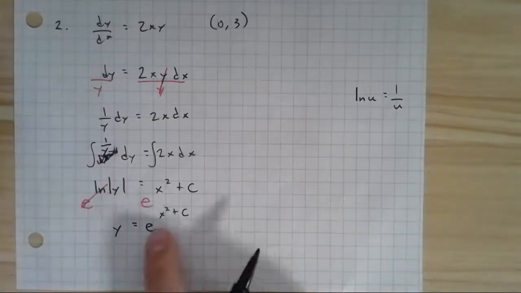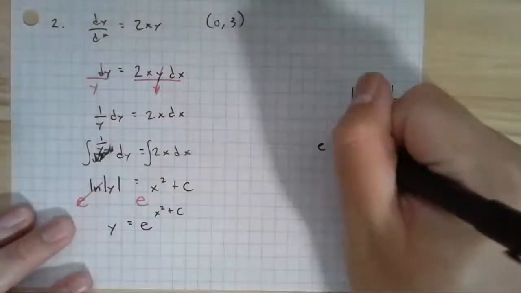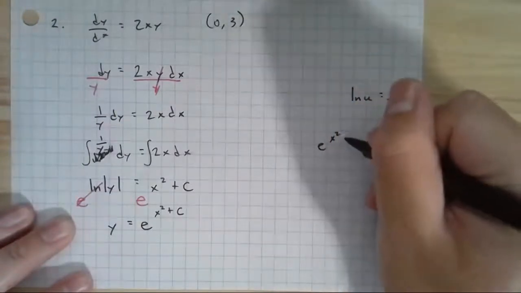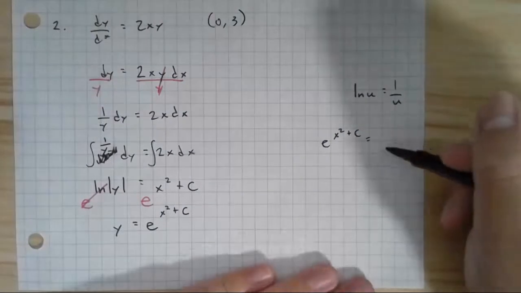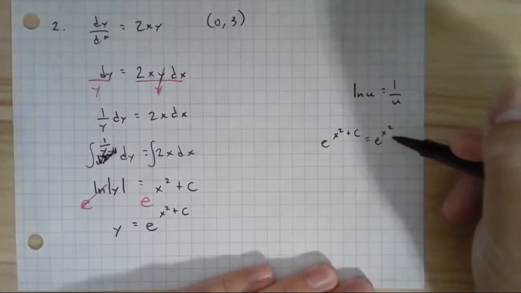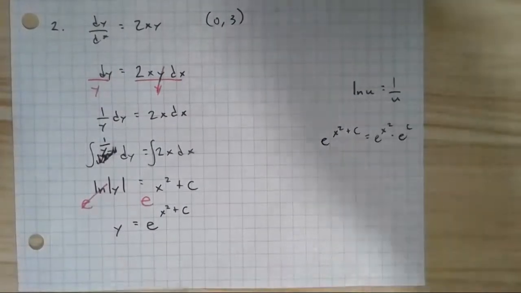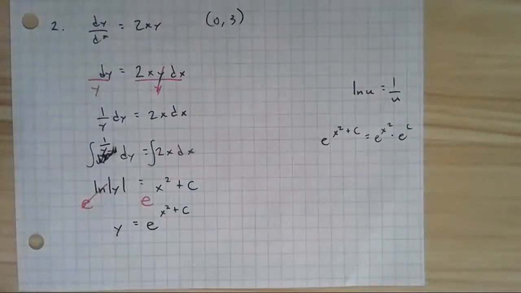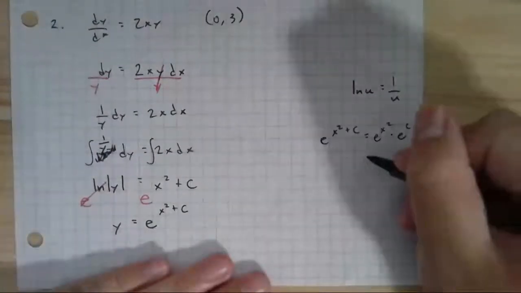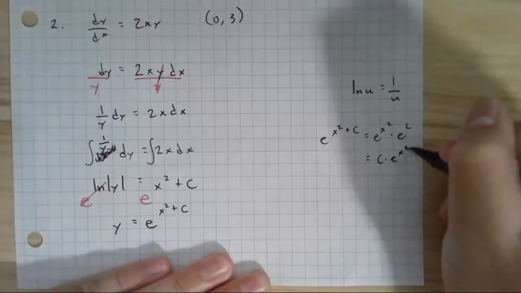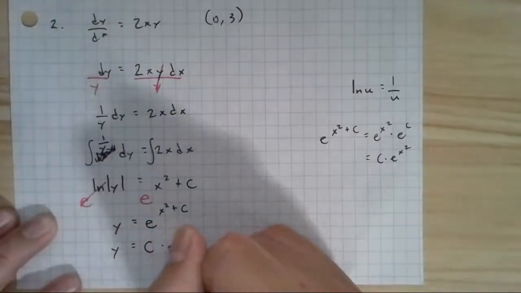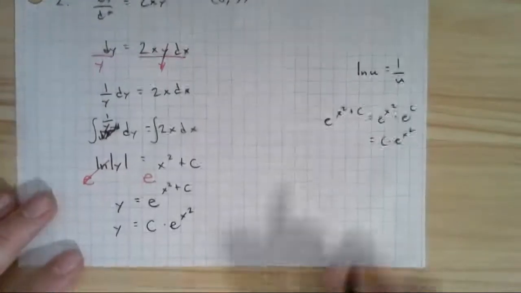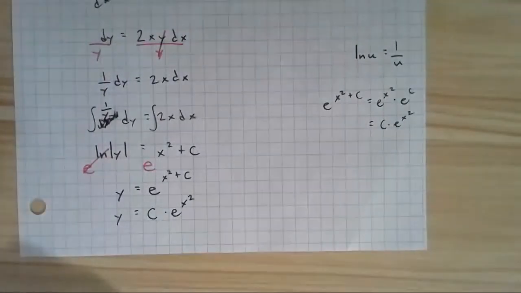Another way to write this is using the product rule of exponents, so another way to rewrite this would be c times e to the x squared, and so y would be equal to c times e to the x squared.